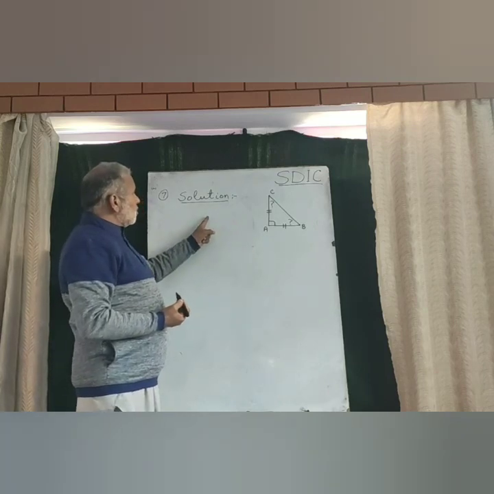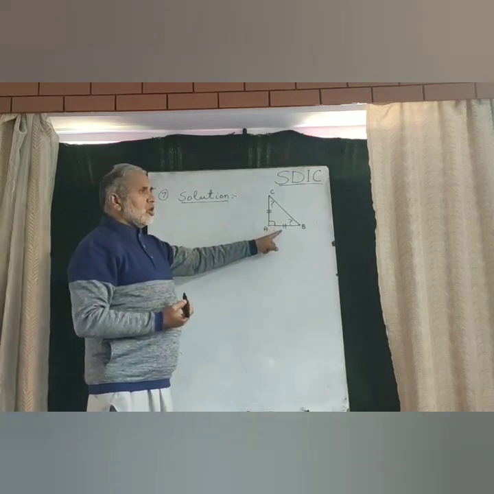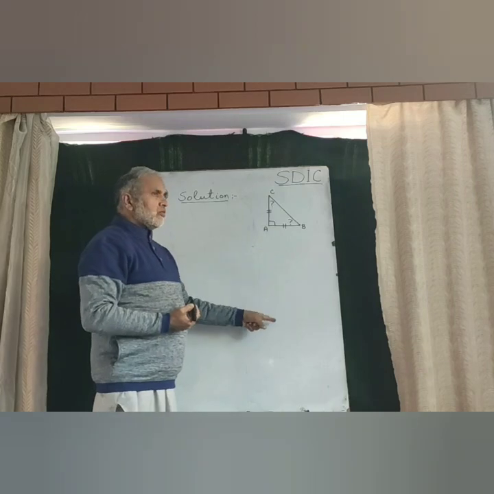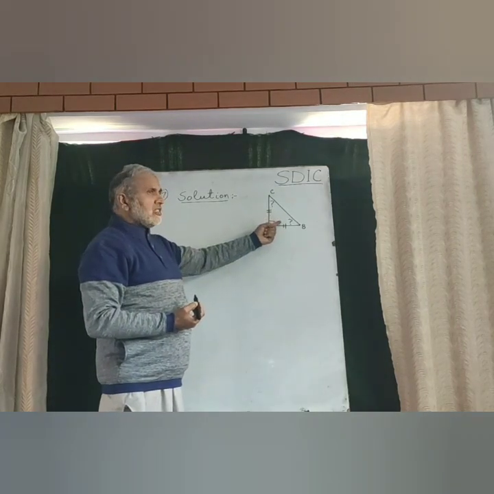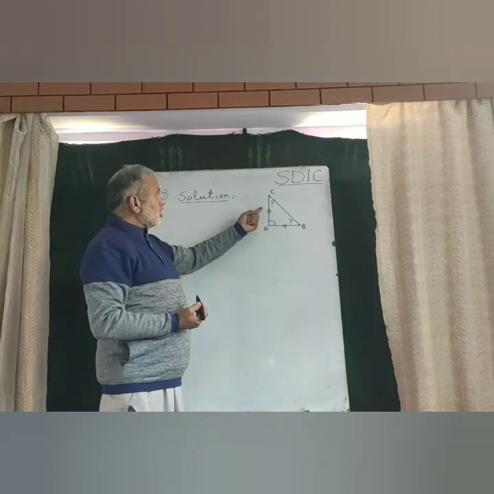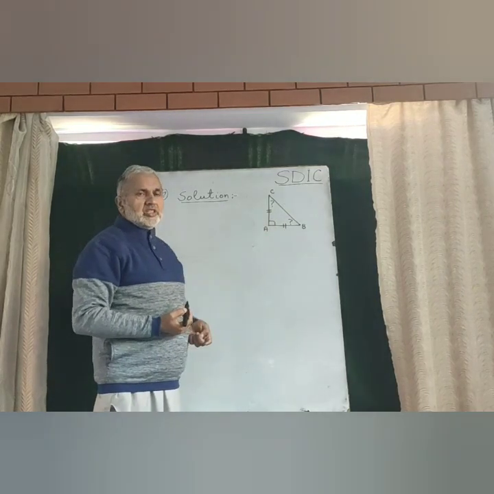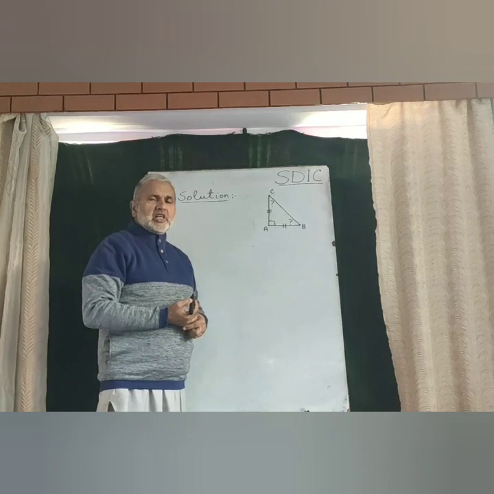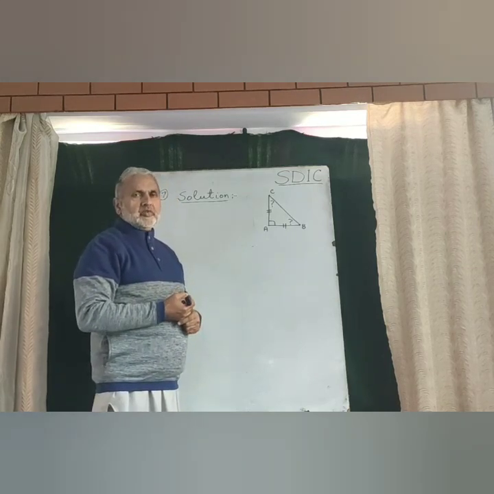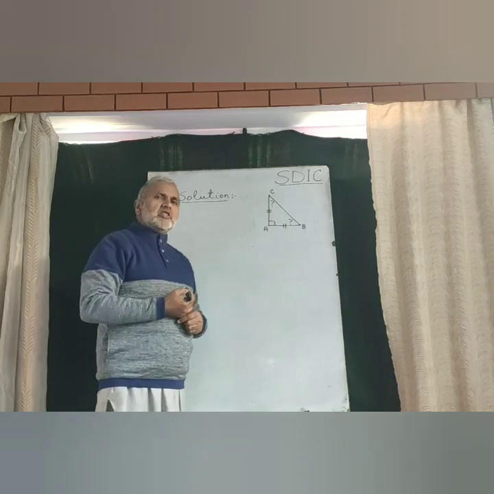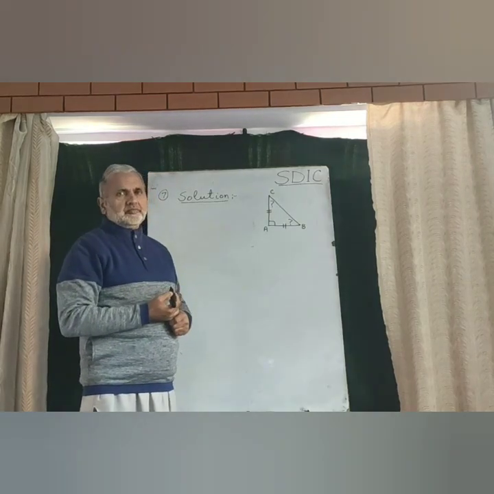For writing the solution, we'll again begin with the theorem we applied in the previous question just now. We proved the theorem previously. A triangle has two equal sides. The result is that angles opposite to the equal sides of a triangle are equal.